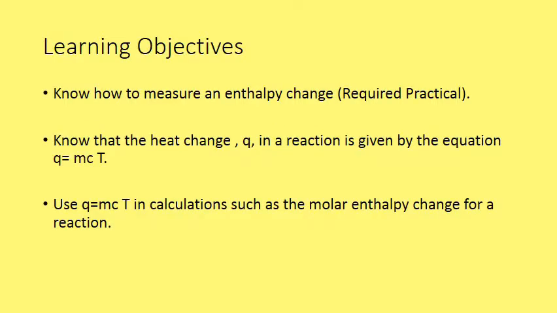So here are our lesson objectives. Firstly, we need to know how to measure an enthalpy change. As you know, it's a practical, so we'll be measuring an enthalpy change. We also need to know that the heat change, which we call Q, in a reaction is given by Q equals mc delta T. We'll explain what each of those terms mean and how to use that equation, which is the subject of the third learning objective.